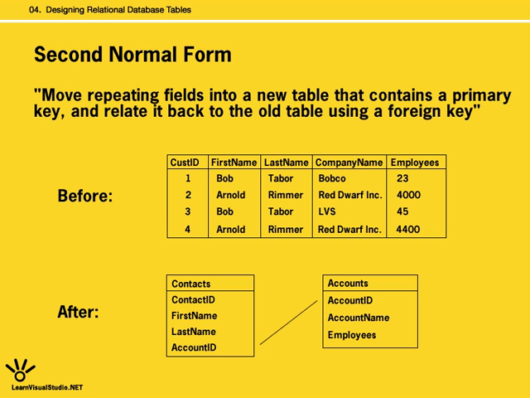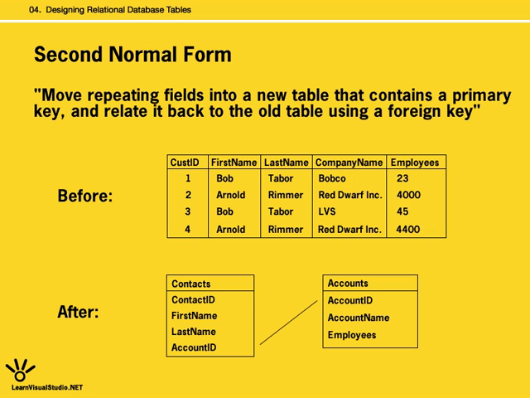Similarly, you can see with Arnold Rimmer, he's working only with one company, Red Dwarf, but since we listed also how many employees this particular account has, we don't know which version of Red Dwarf is accurate. Do they have 4,000 employees? Do they have 4,400 employees? And this is a fairly innocuous example, but it really highlights the difficulty of redundant data occupying multiple rows within a flat file.